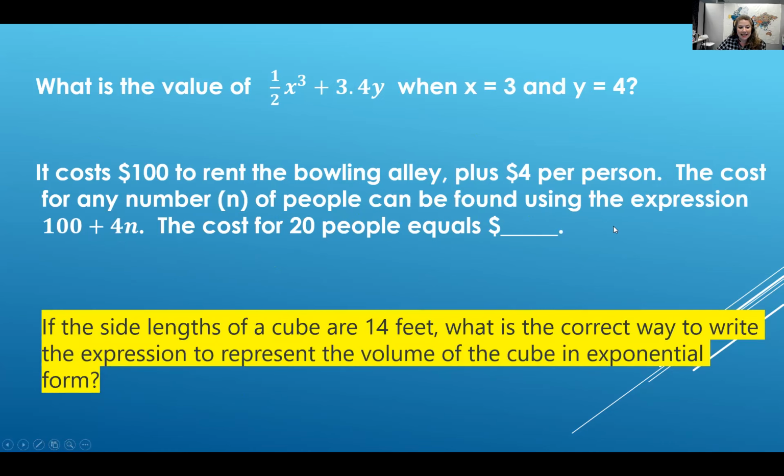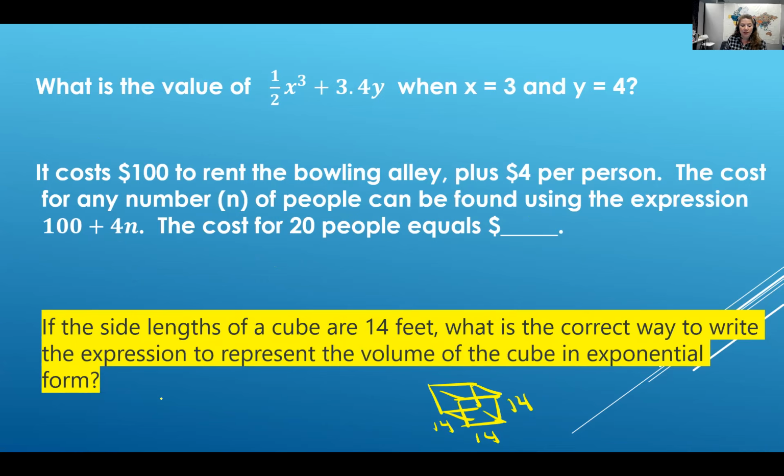All right, the side lengths of a cube are 14 feet. The good thing about a cube is that all the sides are the same length, right? So if one side is 14, all sides are 14. So the width, length, and height is 14, which is what we need when finding the volume.